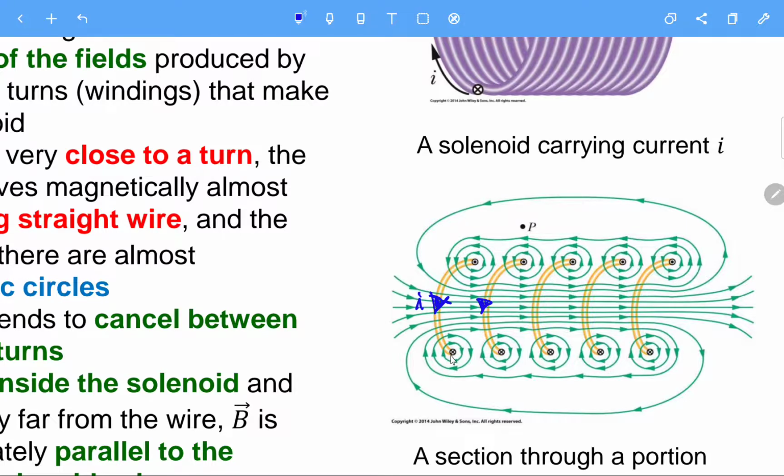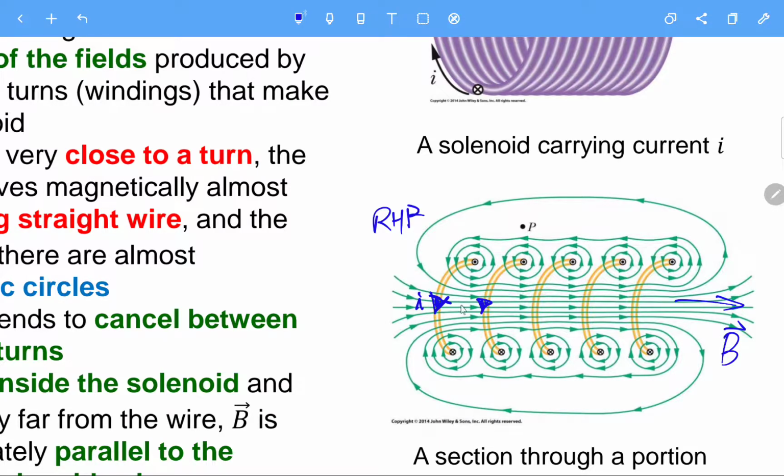So you can use your forefinger to follow the direction of the current, and then your thumb will point to the right side. So by the right hand rule, you can know that this is the direction of the B field.